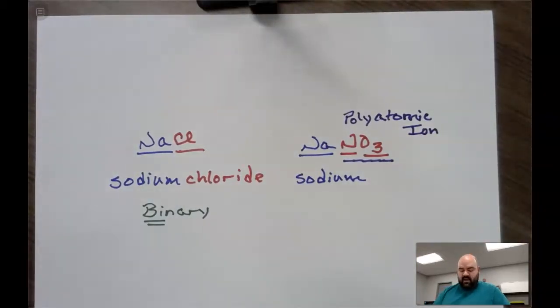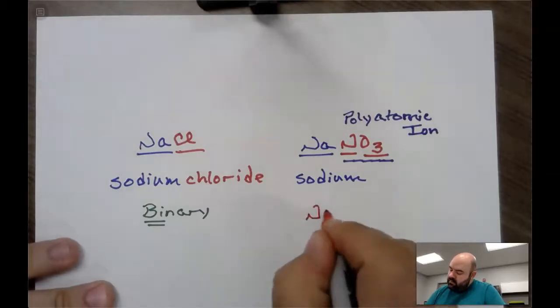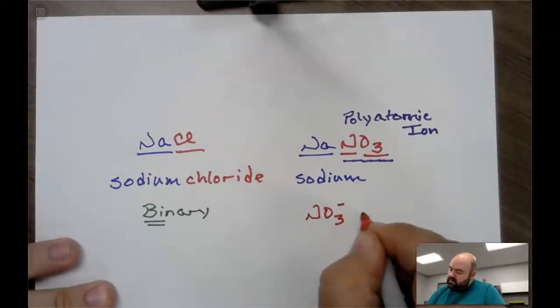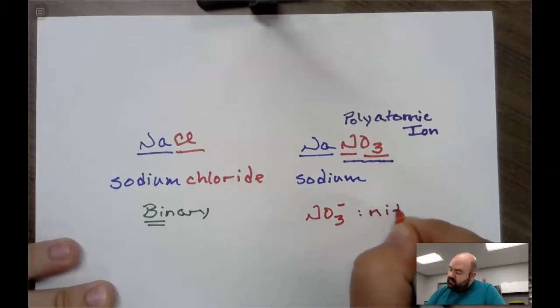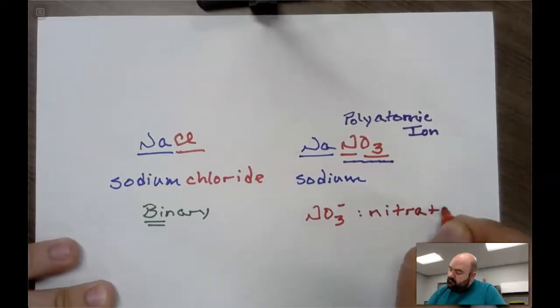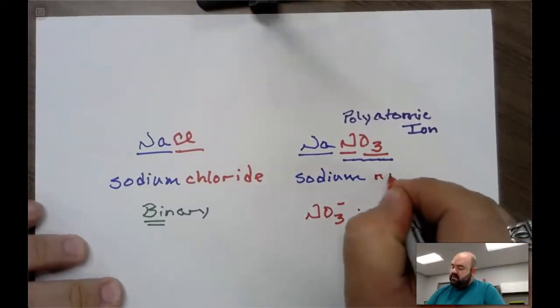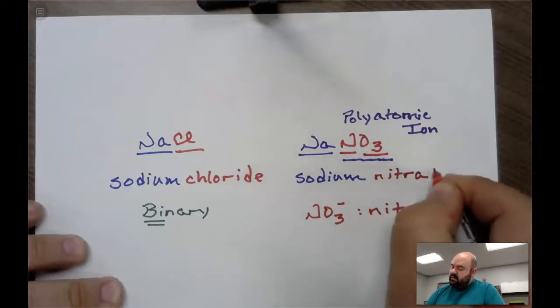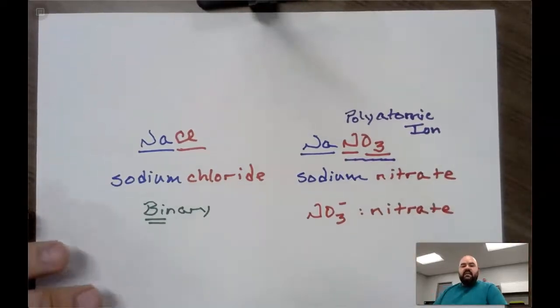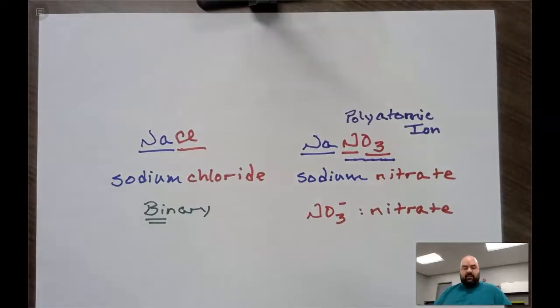And that polyatomic ion is NO3 minus, sometimes called nitrate. So this compound is actually called sodium nitrate. And that's what we're going to talk about today, these polyatomic compounds that are made up of more than one possible element.